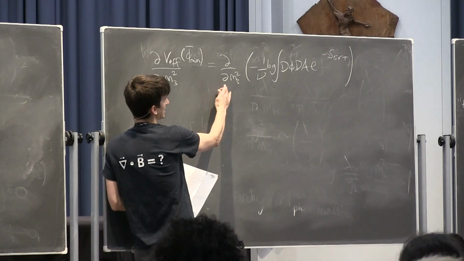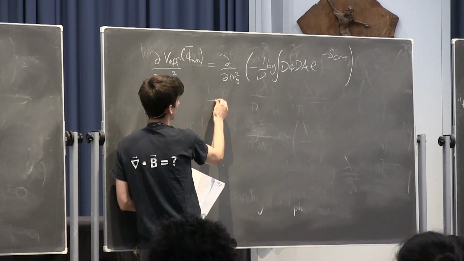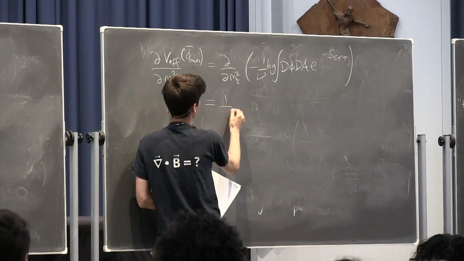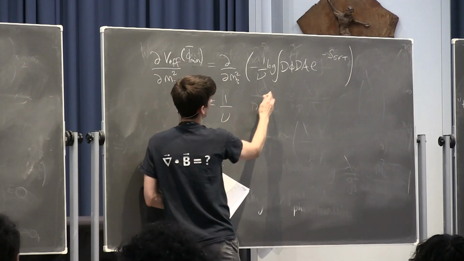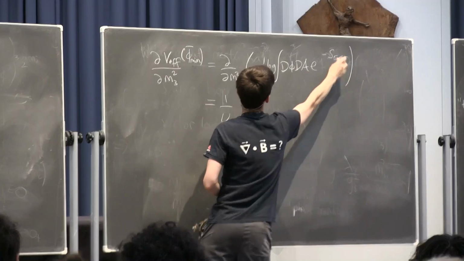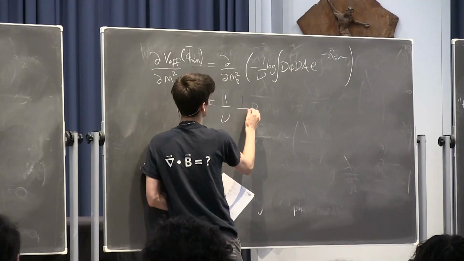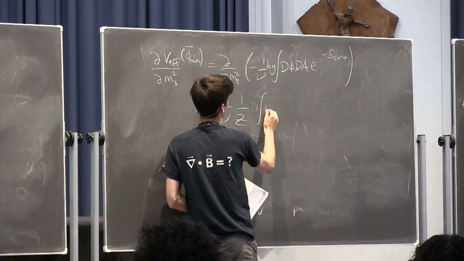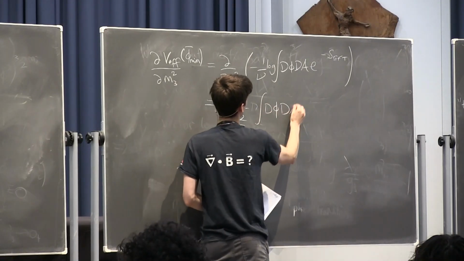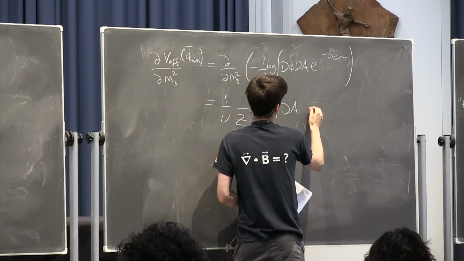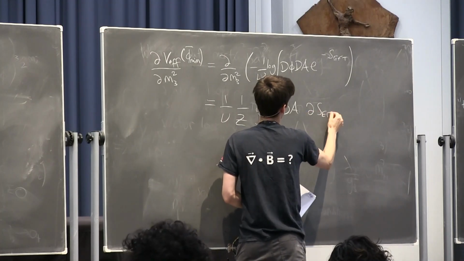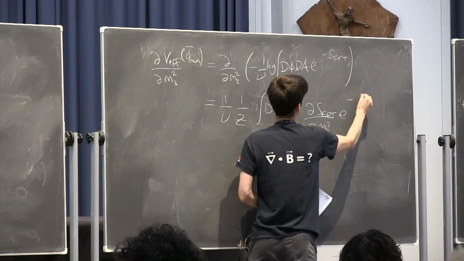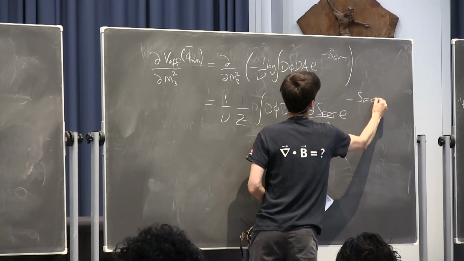Well, I can take this derivative inside and get an interesting relation. So I get 1 over volume outside. This thing is the partition function, so I'm going to get a 1 over z when I take the derivative of the log of the partition function. And then I'm going to get d phi dA, ds of eft by dm3 squared, e to the minus s eft.